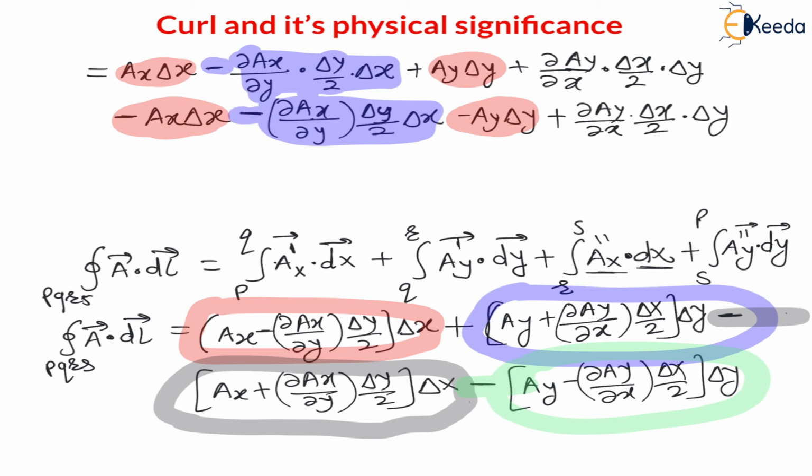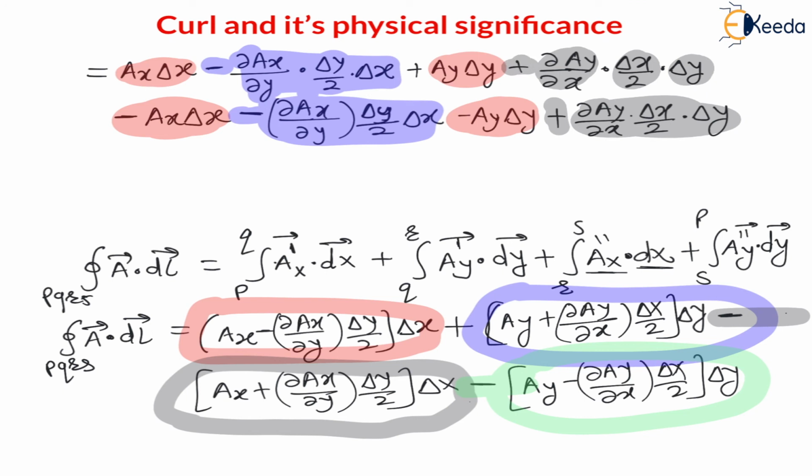And as well as, let me highlight the other term with black color. This black color highlighted, see, dou ay by dou x del x by 2 del y, and the same term here with both positive sign. Therefore, this term will get twice with positive sign.